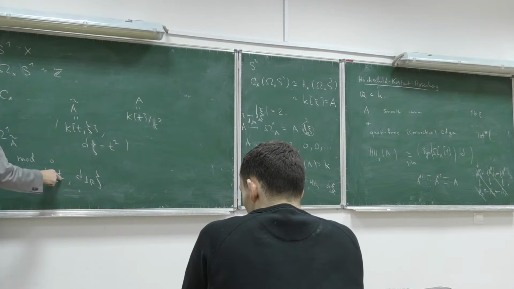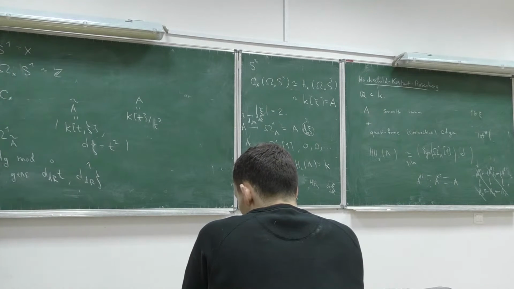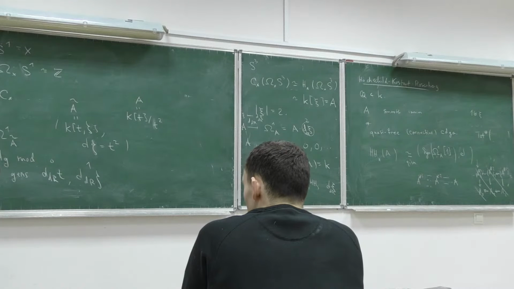It has the same degree as the generator does. And this one has degree 1 in this complex. And so this is a complex, and it looks like it's free on these two things, and it has an internal differential, which when applied to this commutes with the de Rham differential. This becomes d de Rham of d of this, which is t squared. So that's 2t d de Rham t.